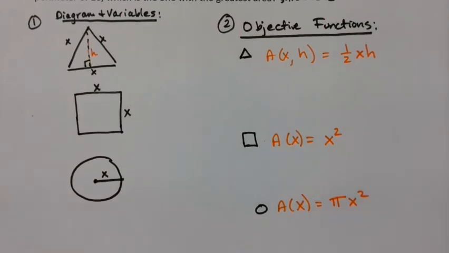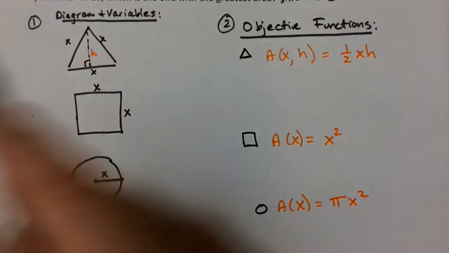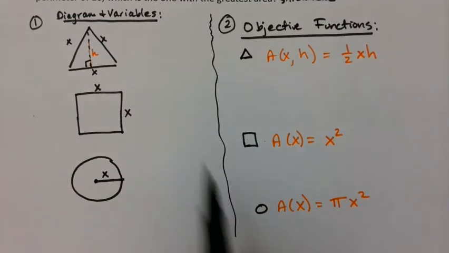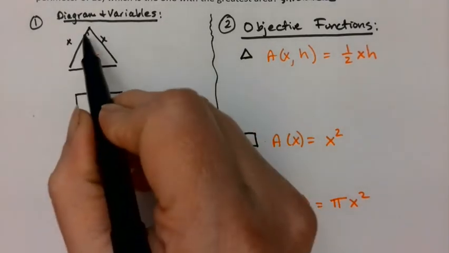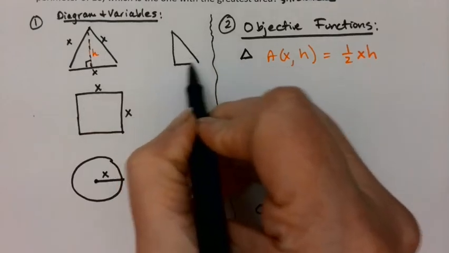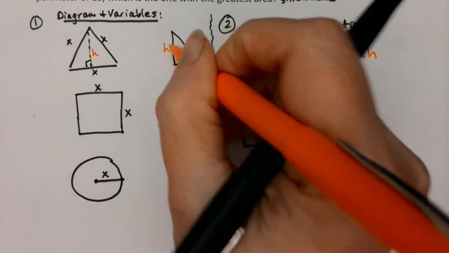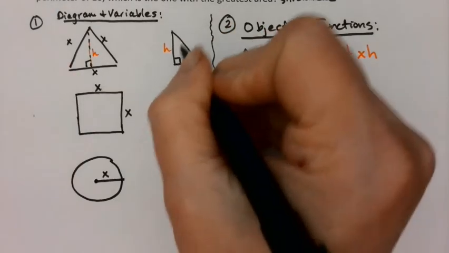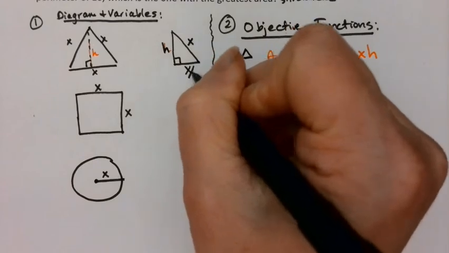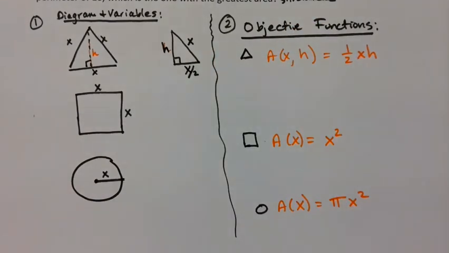We need to find a value for h. So let's think here. If I look at that triangle and take one piece of it, say this piece, and I say that this is the height right here, then this side over here is x, and this over here is x divided by 2, because it's half of x.